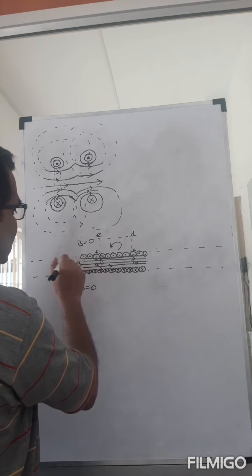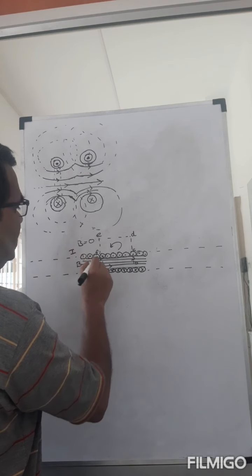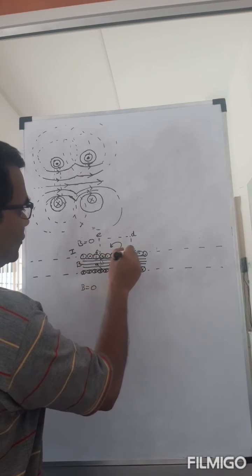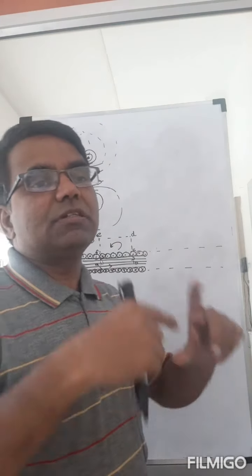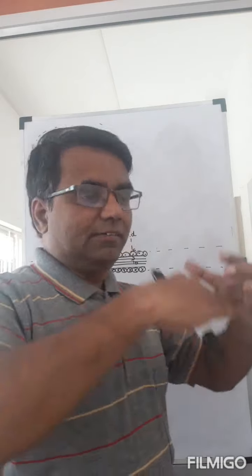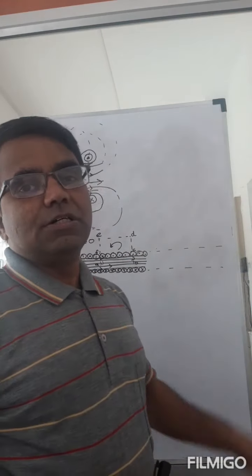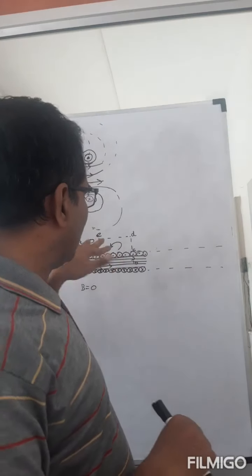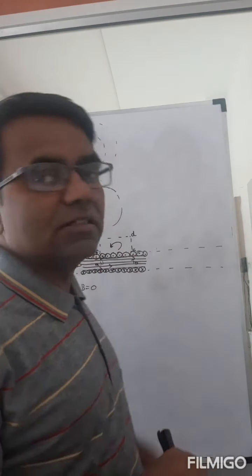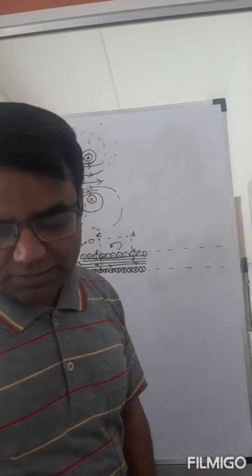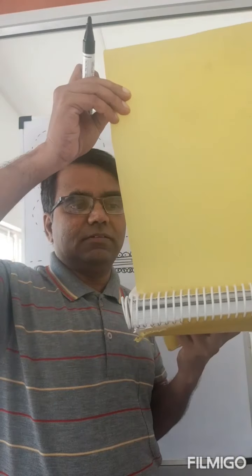If I is the current which is flowing through this, then you see 1, 2, 3, 4, 5, any number of circles, times the current I. So many I's will be piercing through that surface, just as I showed you using the spiral binding like this.